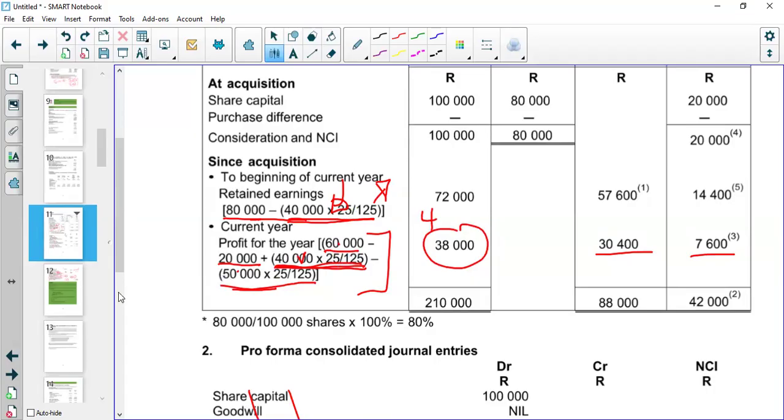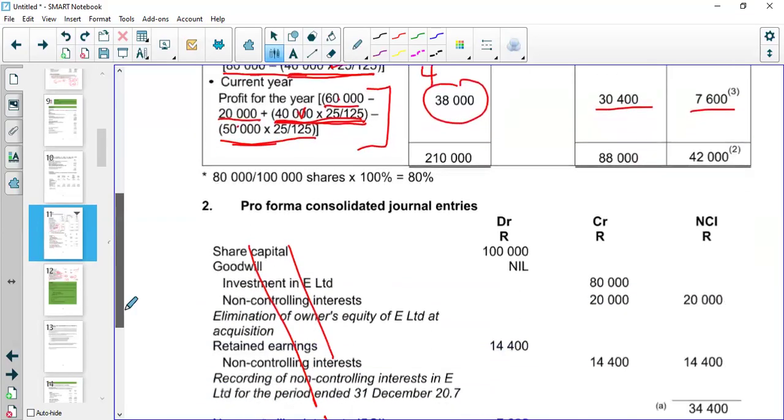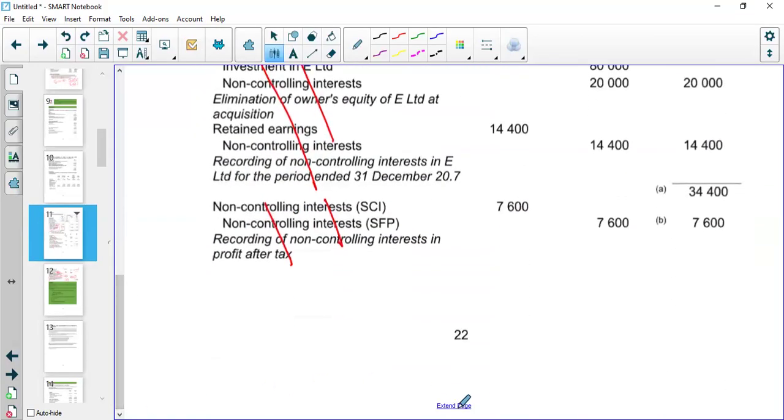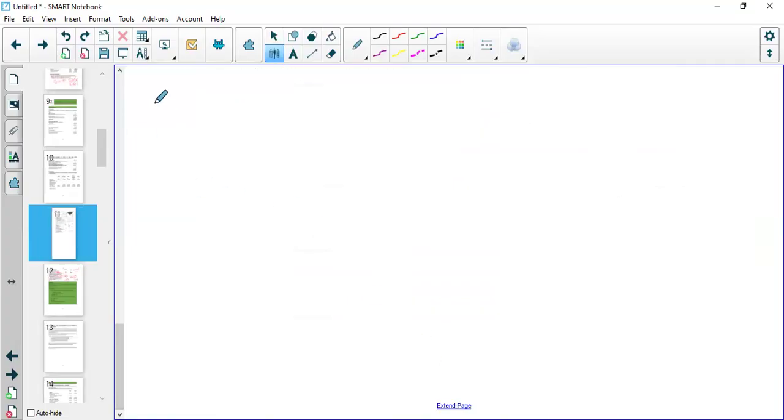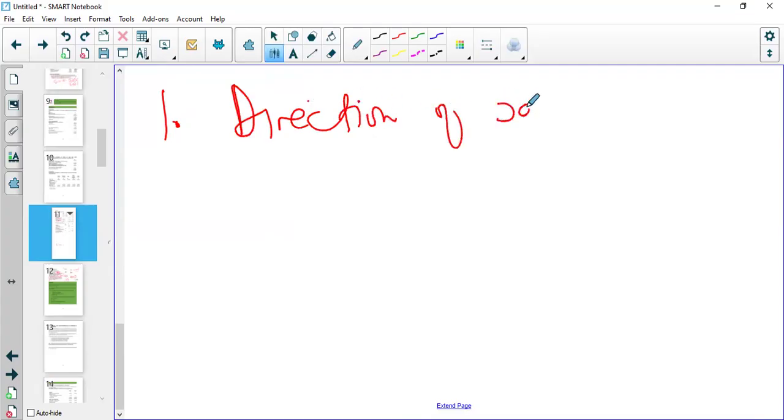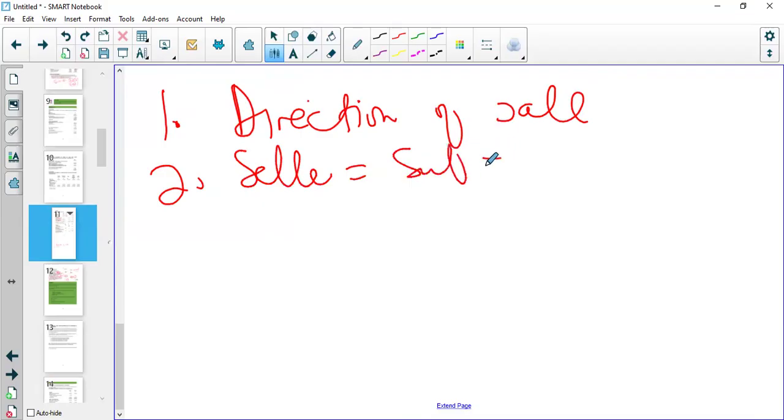Right? So in conclusion, I'm going to tell you the things I want you to understand. First of all, make sure of the direction of sale. Who is the seller? Who is the buyer? If the seller is the subsidiary, this is an upstream transaction.